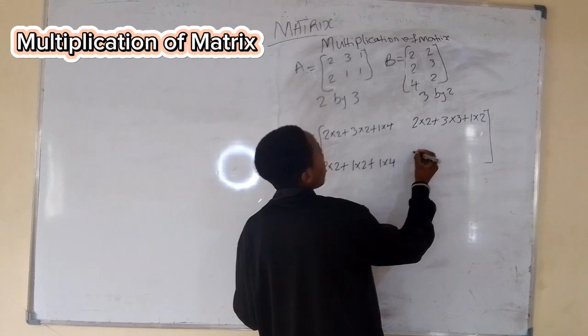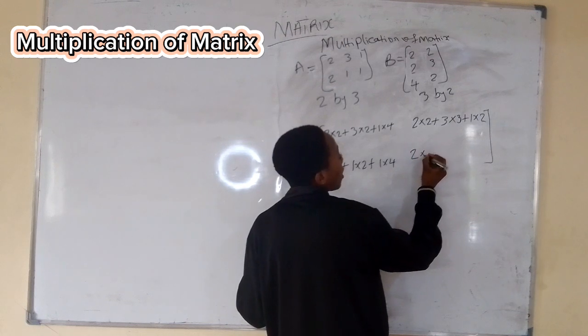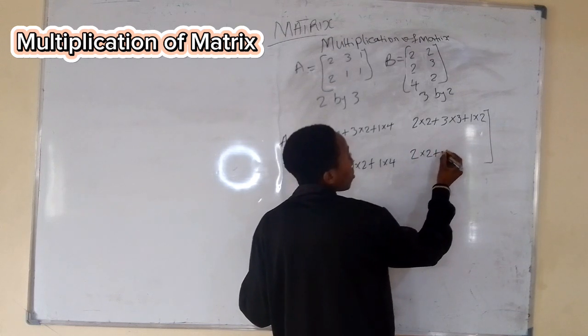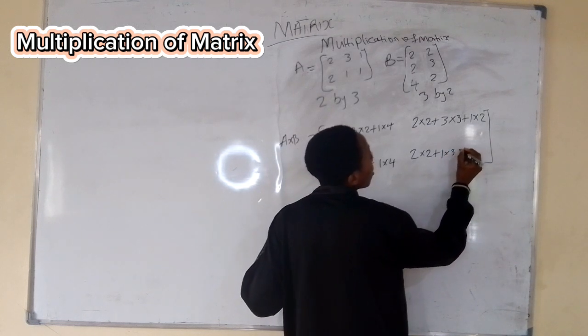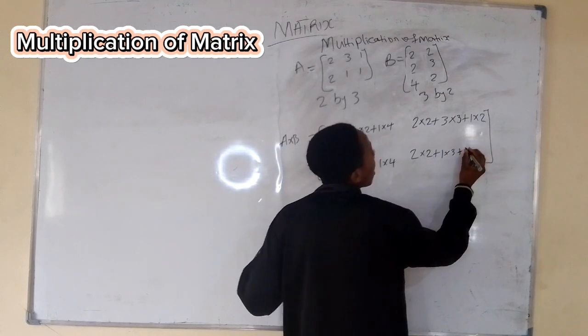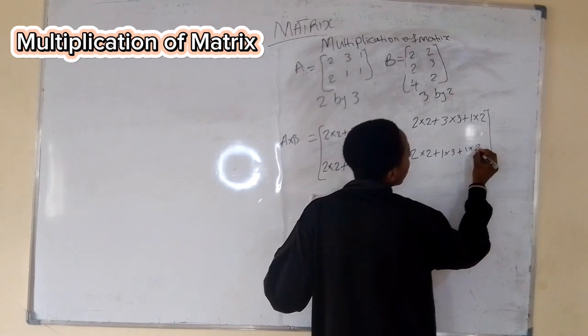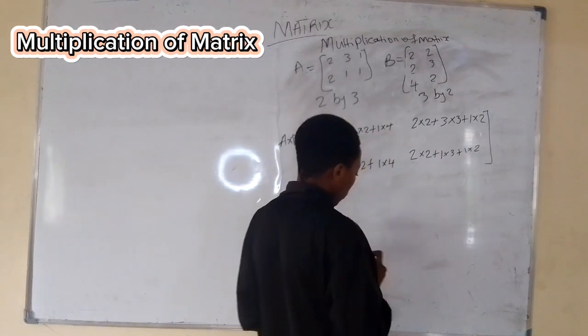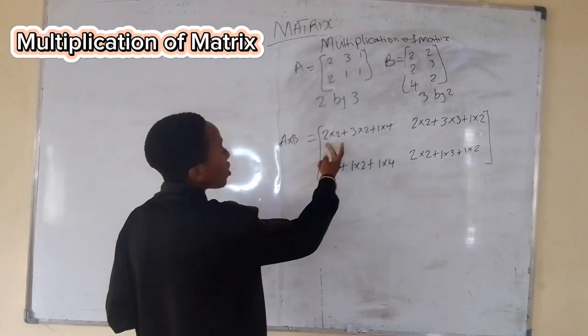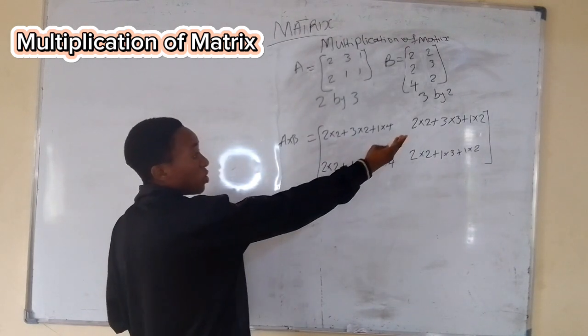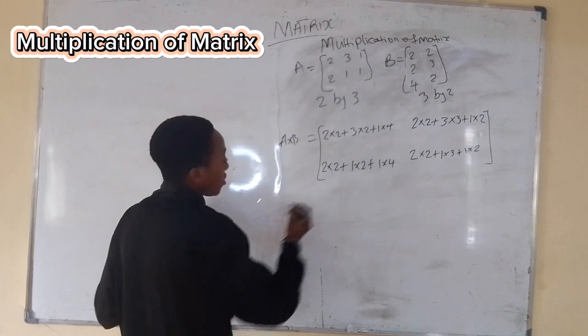We have 2 times 2 plus 1 times 3 plus 1 times 2. So now you just multiply each, then you add them.